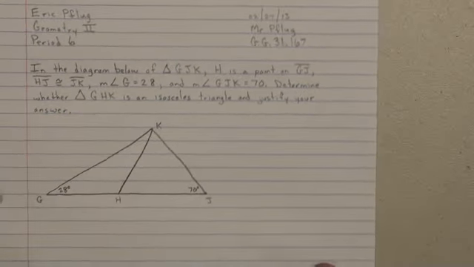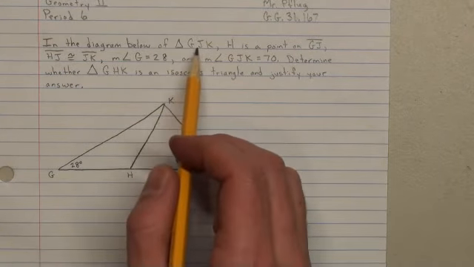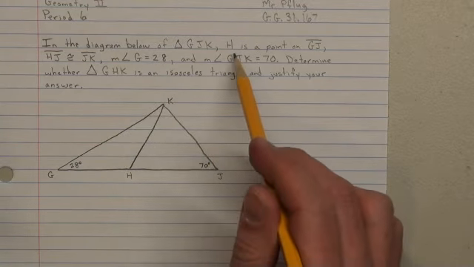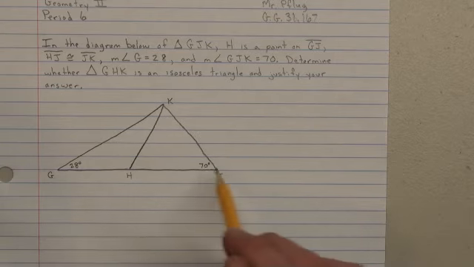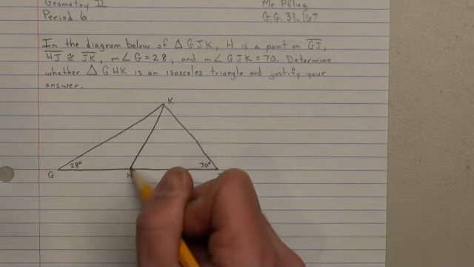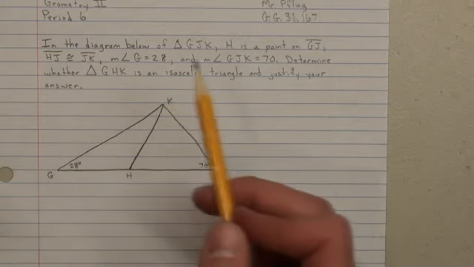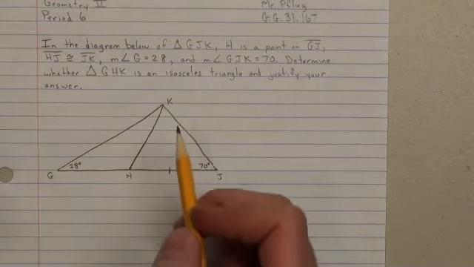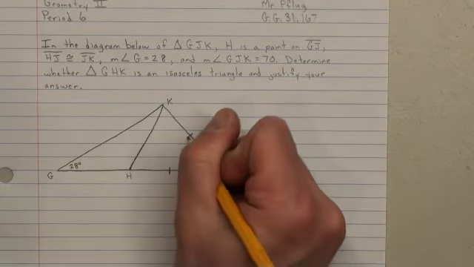Alright, now let's go through this problem. In the diagram below of triangle GJK, that's the big triangle, H is a point on segment GJ, here's segment GJ, and H is a point on that segment. It intersects it at a point. HJ, this segment, is congruent to JK, this segment over here.